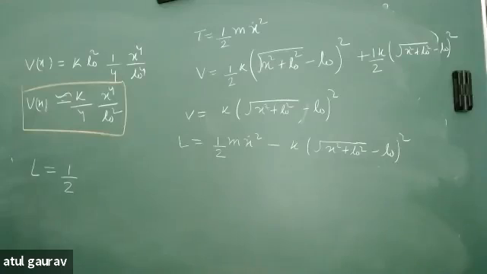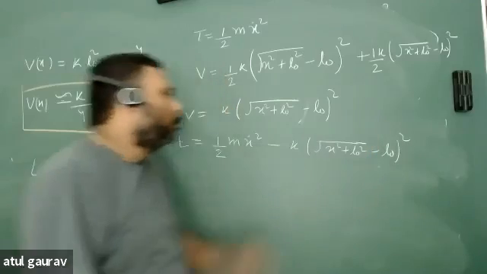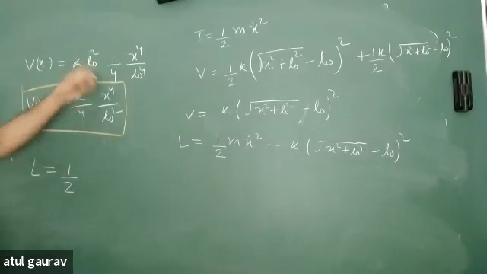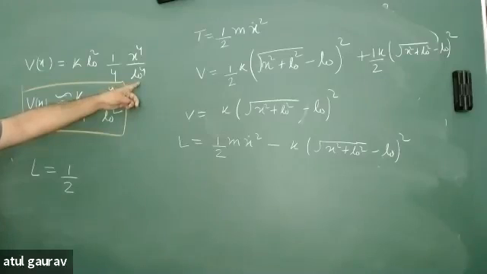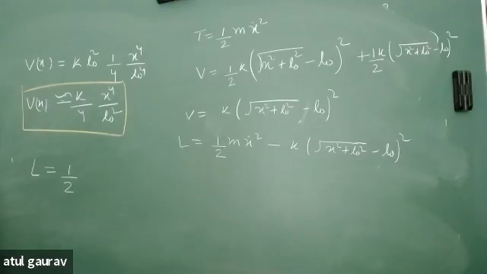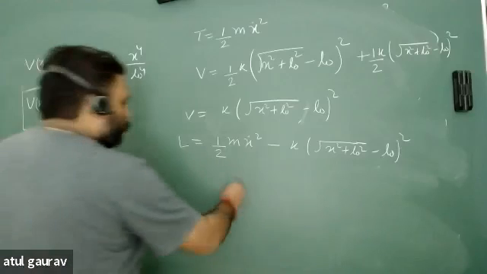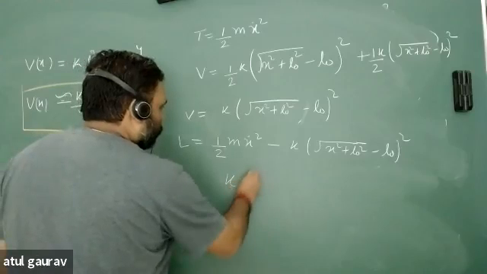Sir, when we have taken the approximation and done the expansion, 1 plus half x by L naught term will also be there, no? The 1 is cancelled out, no? There is a square term, so it will become 4. So there is L naught to the power 4 here. Look at here, what you are doing?